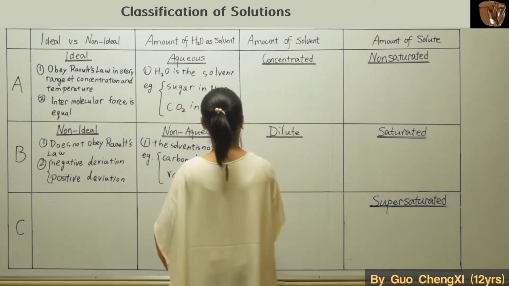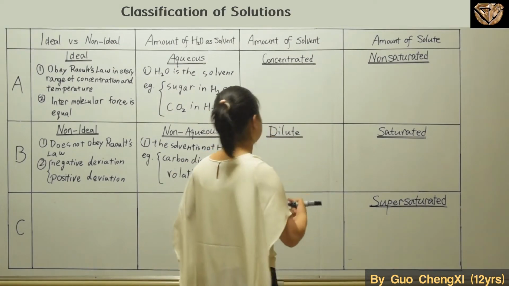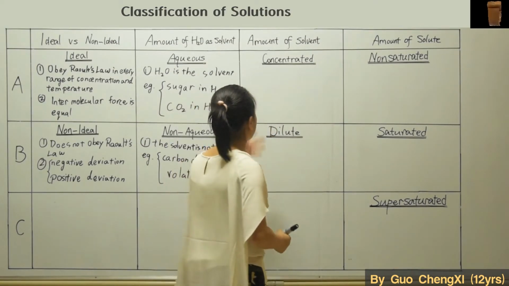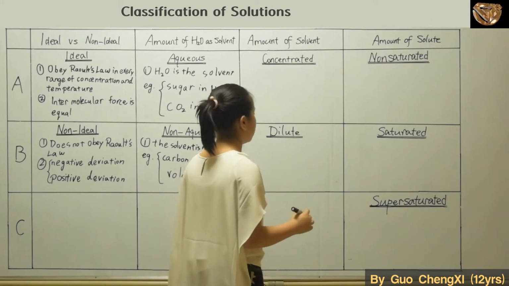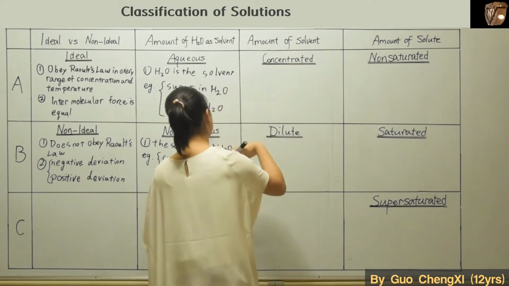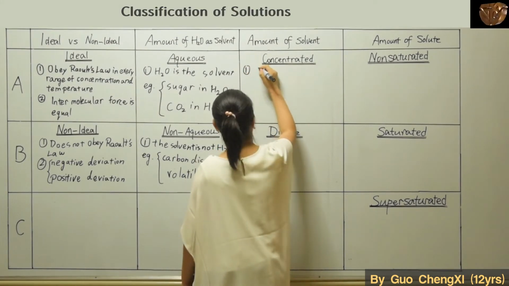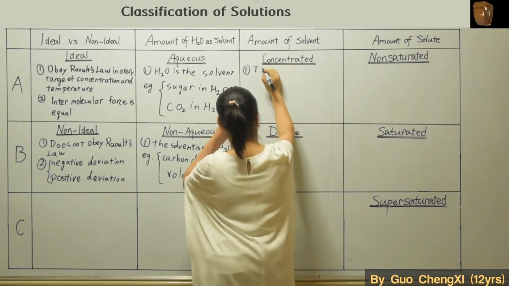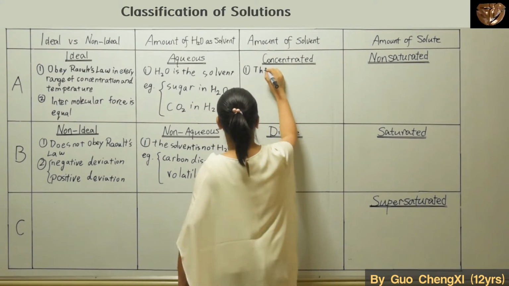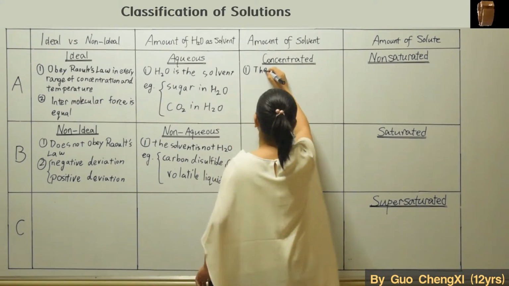Then the next one is the amount of solvent and how it can affect how concentrated or dilute the solution is. So first, there is a small amount of solvent.